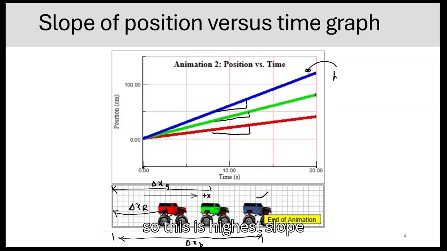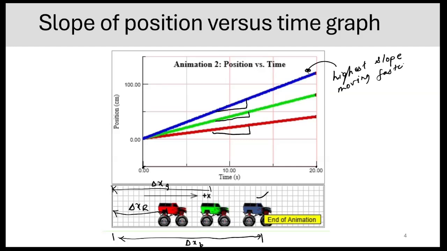So this is the highest slope, moving fastest. Lowest slope, moving slowest.